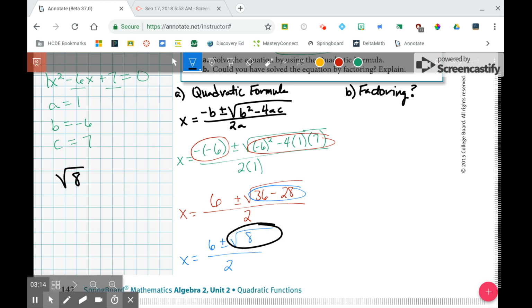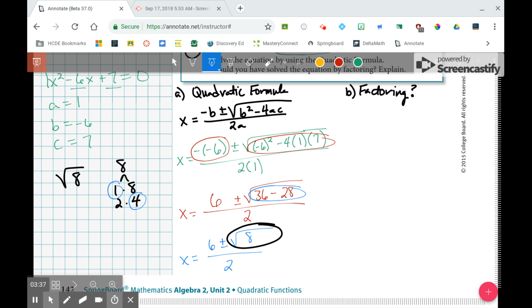Well, remember, you can just take 8 and list the factors. We only care about the factors that are perfect squares. Well, there's not many factors of 8. It's just 1, 8, and 2, and 4. Of those, which of those numbers are perfect squares? Meaning if you take the square root of them, you will get a whole number, such as 1 and 4.